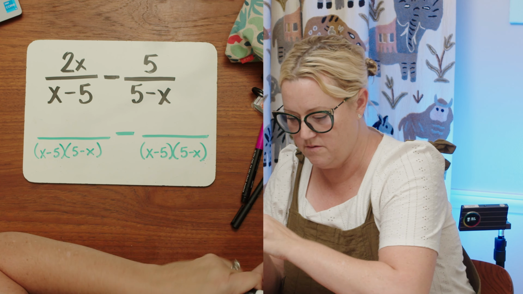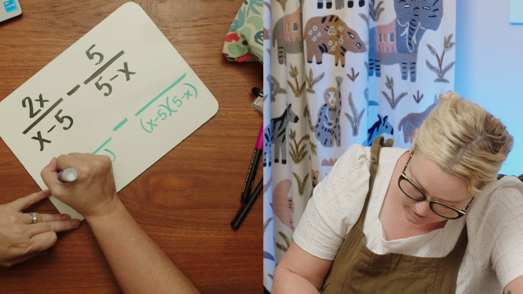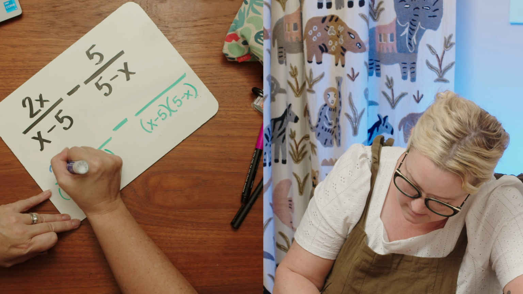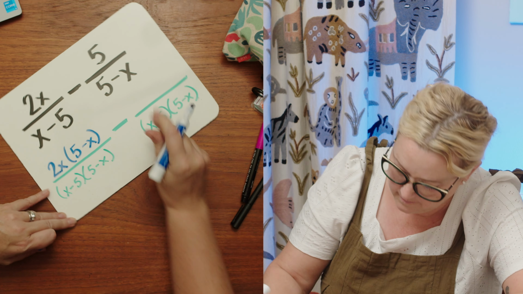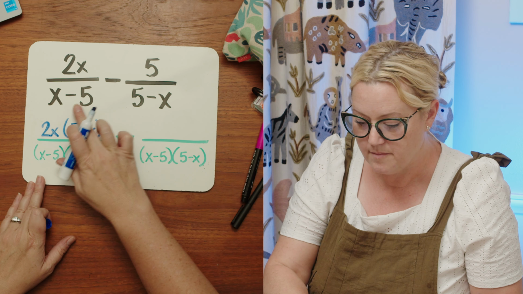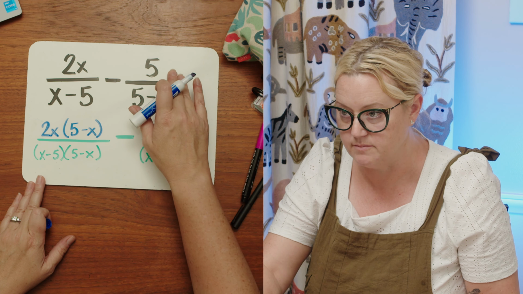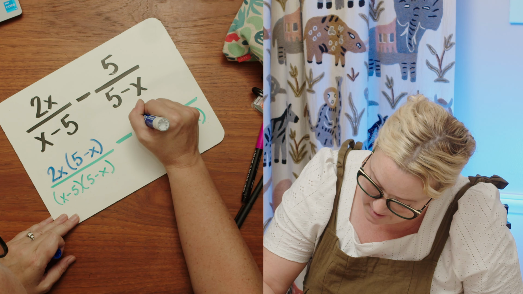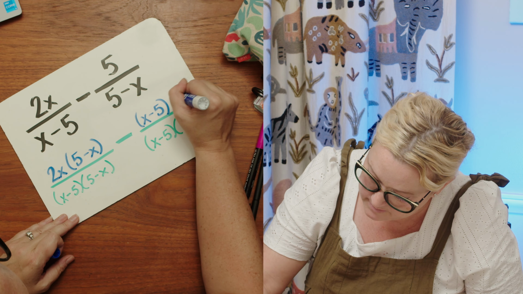Oh, I don't want that. I want 2x times 5 minus x. Okay, my cross, again cross multiplying, so I've got x minus 5 times 5. So over here, I've got x minus 5 times 5.